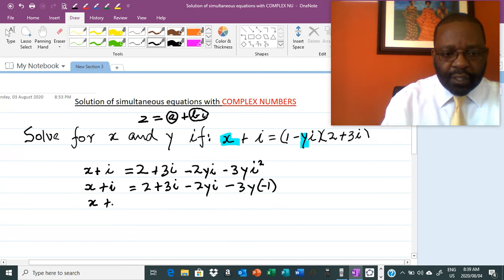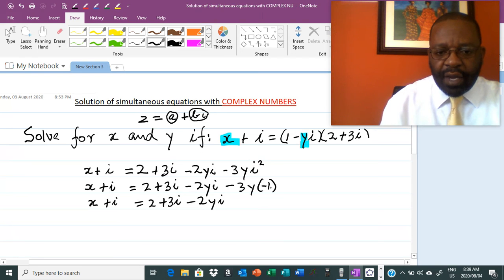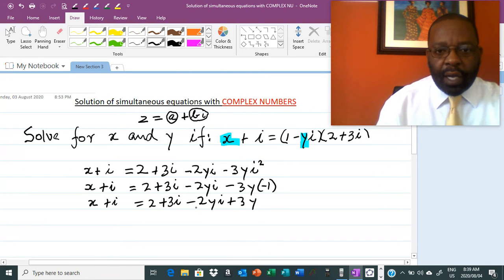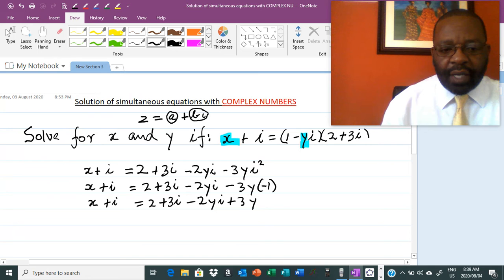So we've got x plus i equals 2 plus 3i minus 2yi, and negative 1 multiplied by negative 3y gives us positive 3y.